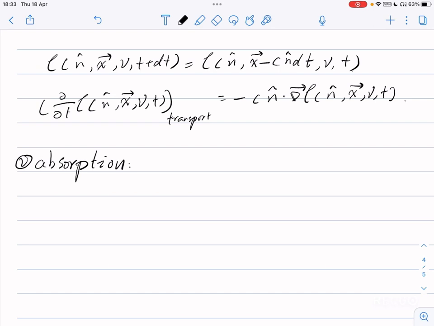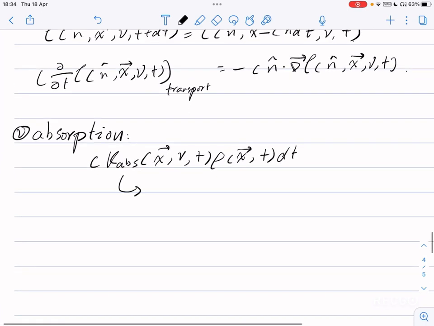So let's introduce the net fraction of radiative energy of frequency ν absorbed at position x in the interval t to t + dt as c χ_absorption(x, ν, t) ρ(x, t) dt. This is the absorption opacity, which characterizes the process of absorption.